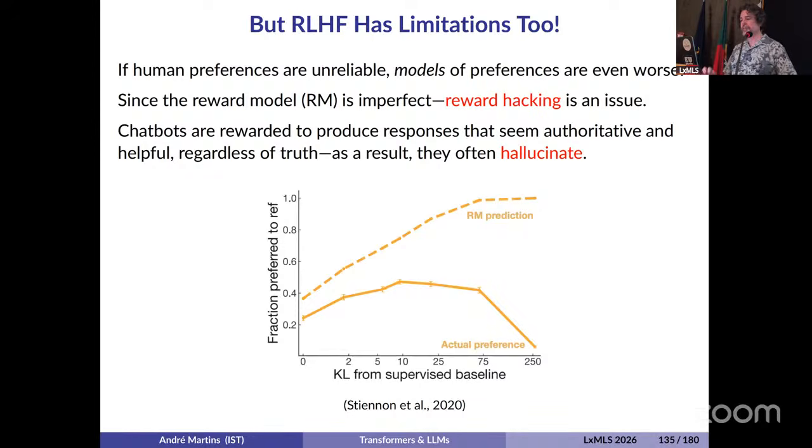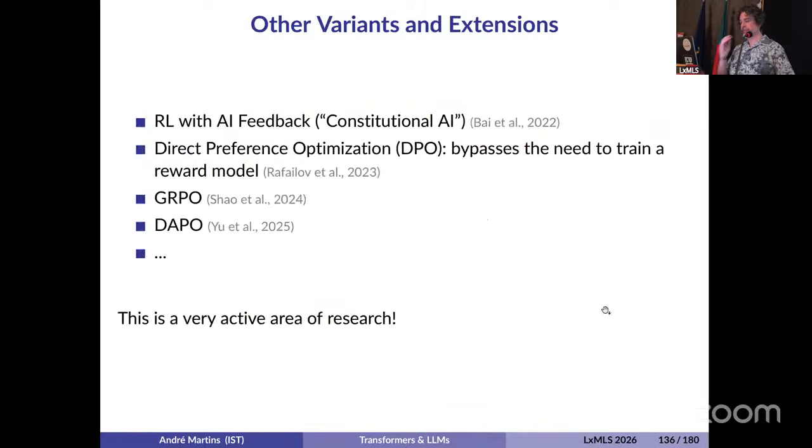And so as a result, these models often hallucinate, and they hallucinate in very convincing ways, which is even worse. And they had these plots in the InstructGPT paper where they show that sometimes the reward model prediction goes in a different direction than the actual human preference.